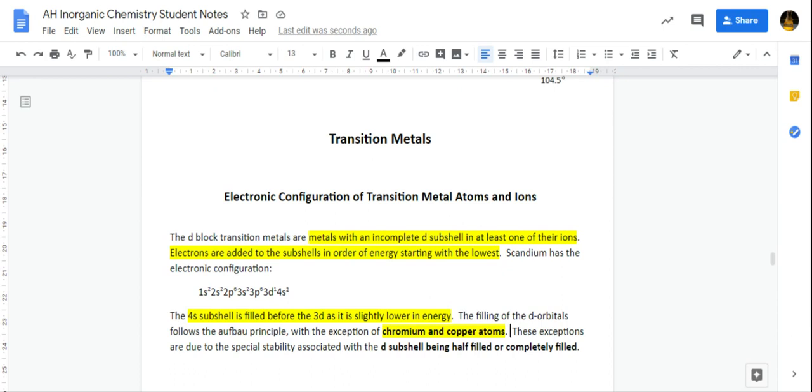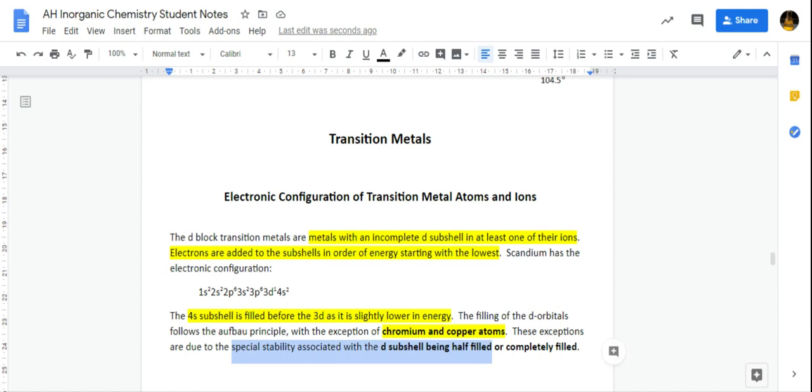And the reason it does this is because you get a special stability associated with the d subshell being half filled. So instead of having 2 electrons in the 4s subshell and 4 in the 3d, one of those 4s electrons moves to the 3d subshell so that you've got 5 electrons and you get that special stability.